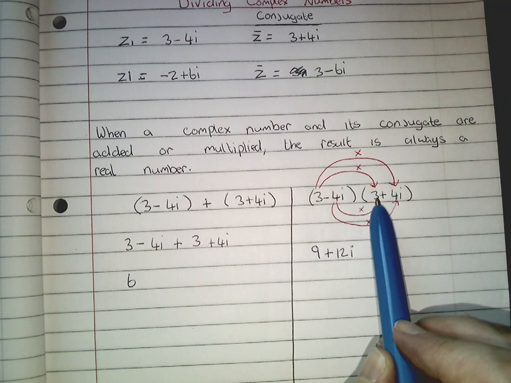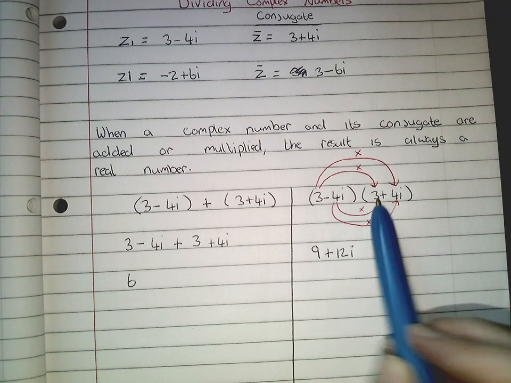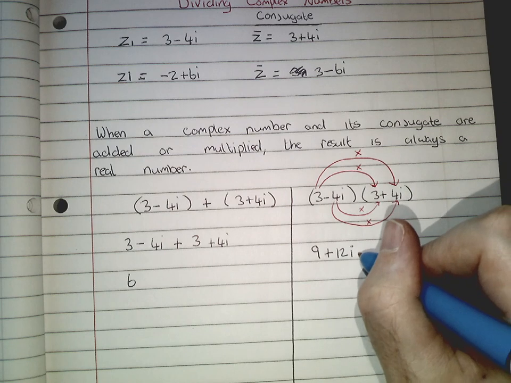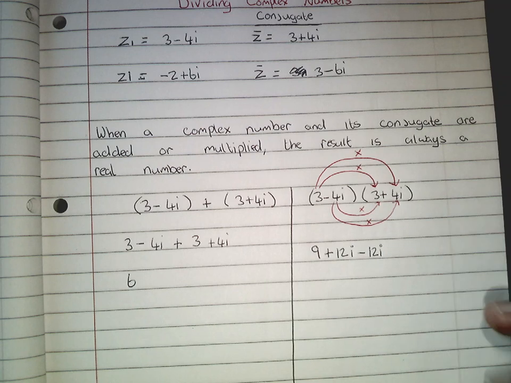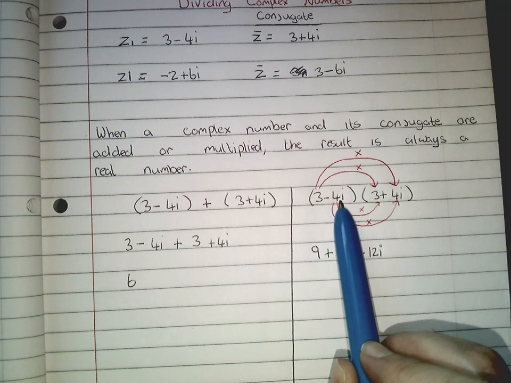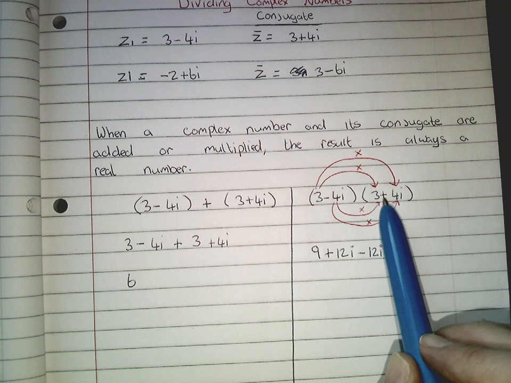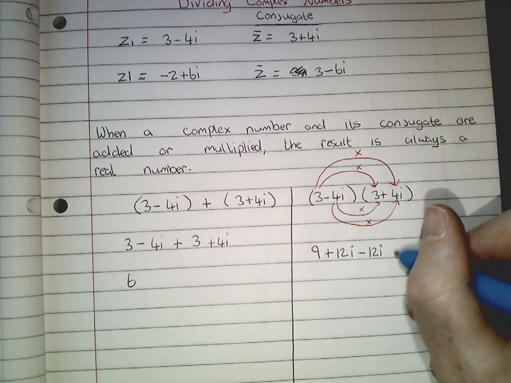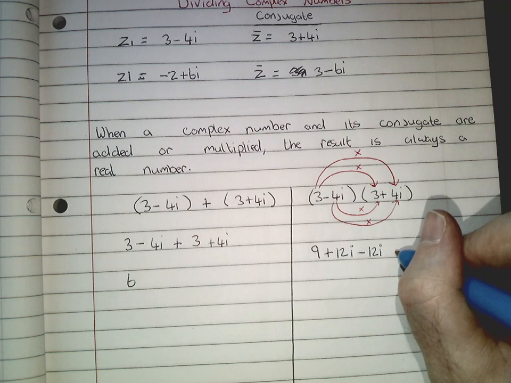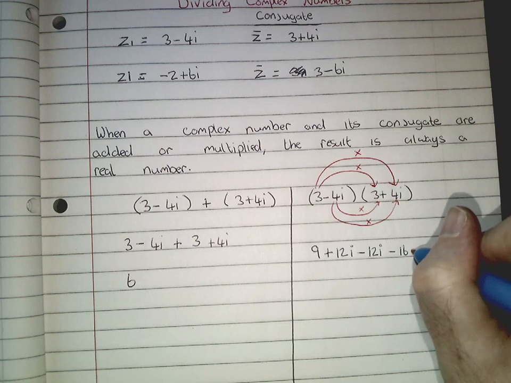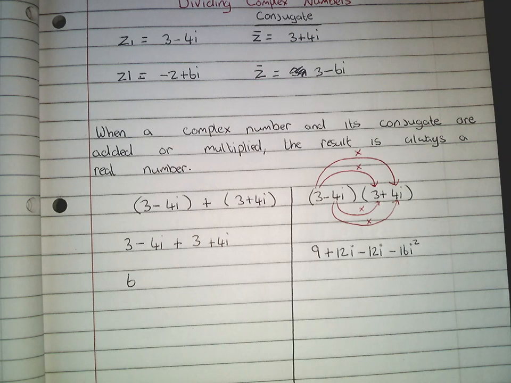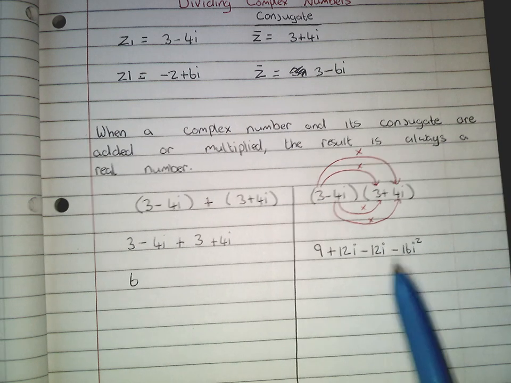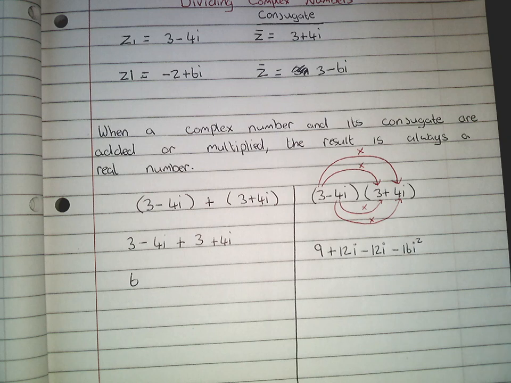Minus 4i multiplied by 3 gives us minus 12i. And then minus 4i multiplied by plus 4i, 4 times 4 is 16, so it's equal to minus 16i squared. So you have 9 plus 12i minus 12i minus 16i squared.